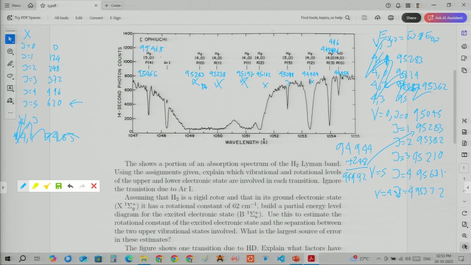And the last one I've got is a P4 for J equals 5, so that's not going to help. That'll give you V equals 5, J equals 3. Starting from P4, which is J equals 4, 496.